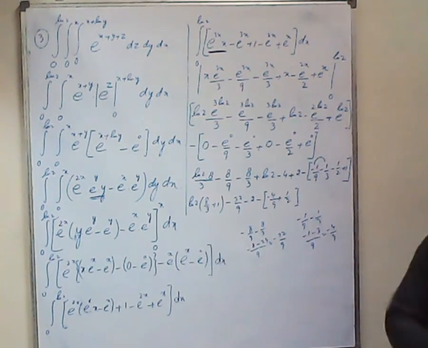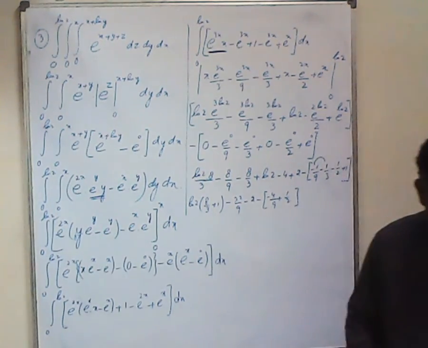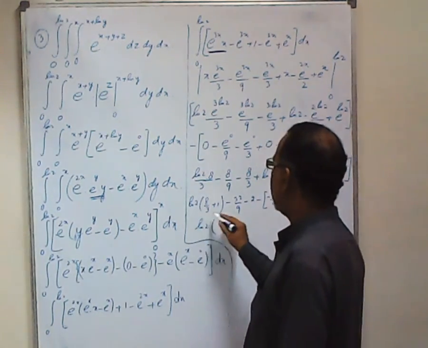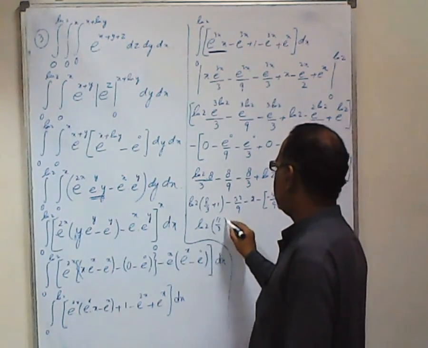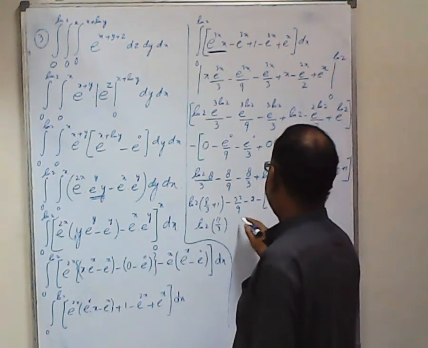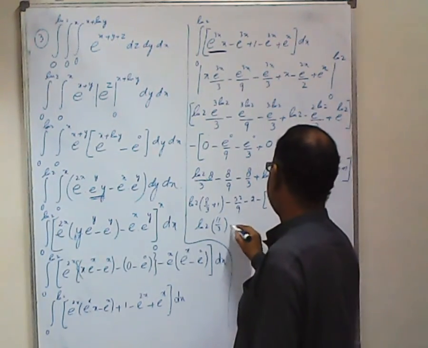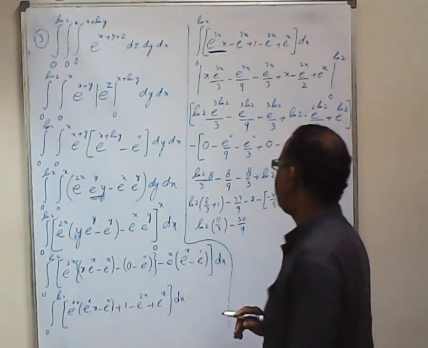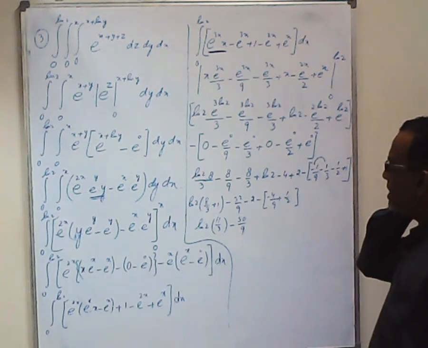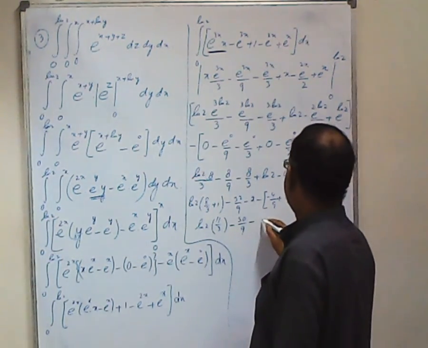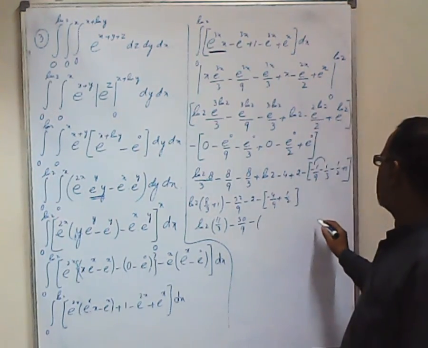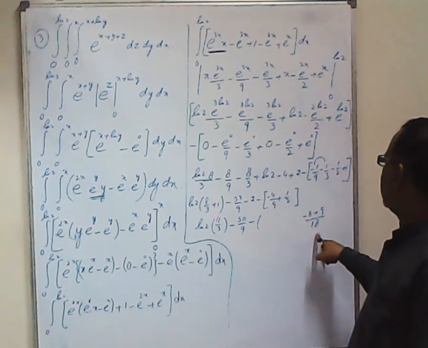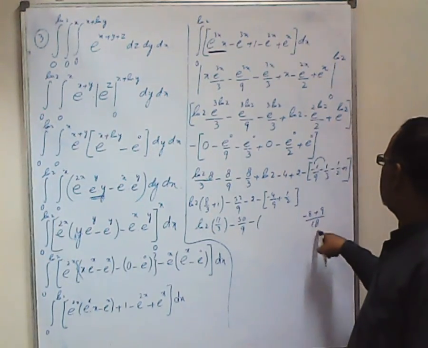So now moving on to the last few steps. I am just showing you all the calculation. So log 2 and 8 upon 3 plus 1 is 11 upon 3. Then minus 32 upon 9 minus 2, so this will be minus 32 minus 18 over 9, which is minus 50 over 9. Then minus, and then we have minus 4 over 9 plus 1 over 2, so with denominator 18, minus 8 plus 9, 2 9s are 18, 2 4s are 8, 2 9s are 18, 9 1s are 9.